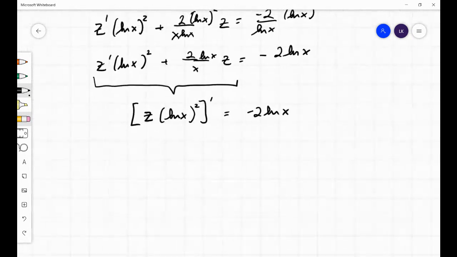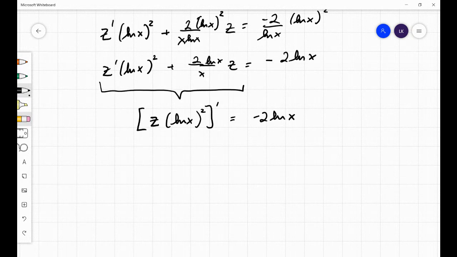Okay. So then we deprime this thing by finding the antiderivative of both sides with respect to x. And on the left, the antiderivative of the derivative is just the thing. And over here, we might have to use integration by parts. So here we use integration by parts.